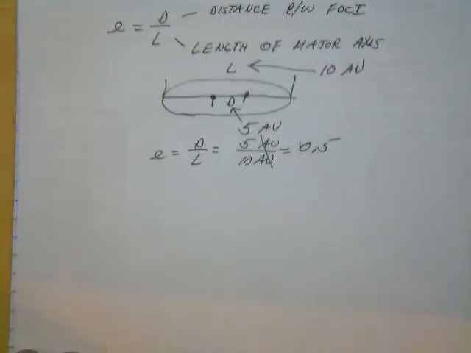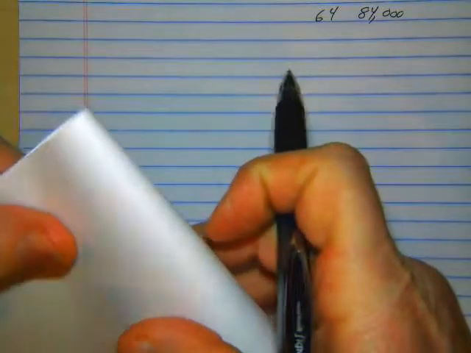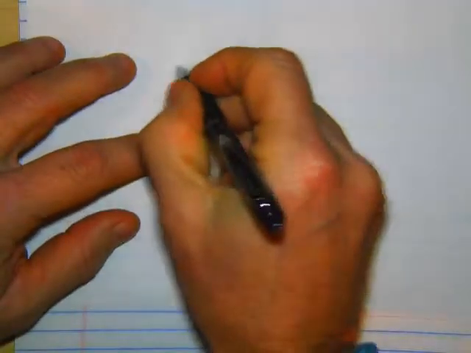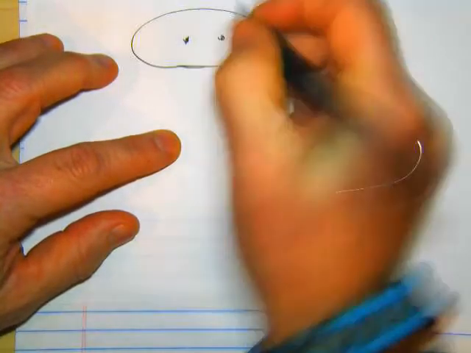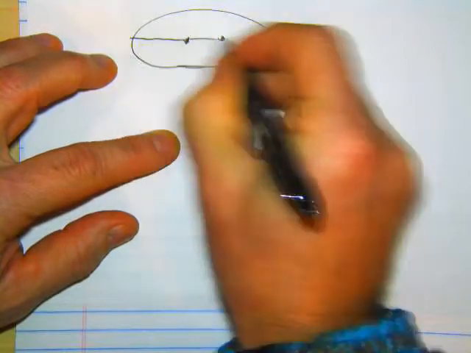The other problem, and we did this one in class, was problem number 8 on the back of that worksheet. This is where we had an ellipse, and I'll draw the ellipse here, and we have our foci here, and our major axis running through here.